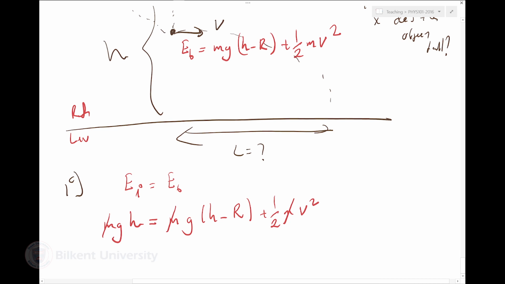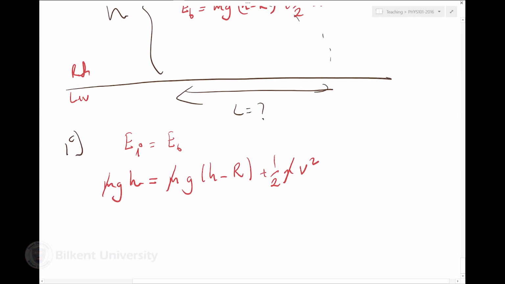The m's cancel. The h's cancel. gr is equal to 1/2 v square, or v is equal to the square root of 2gr.